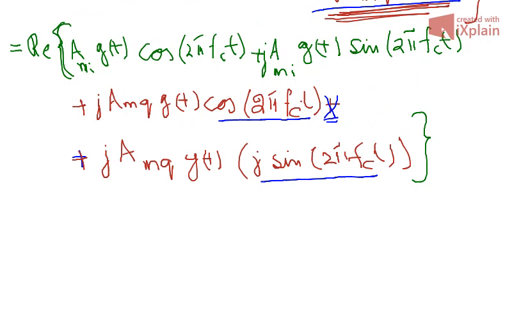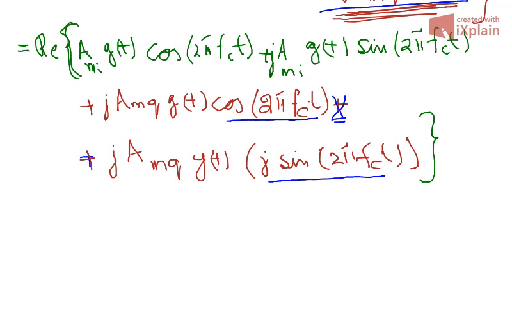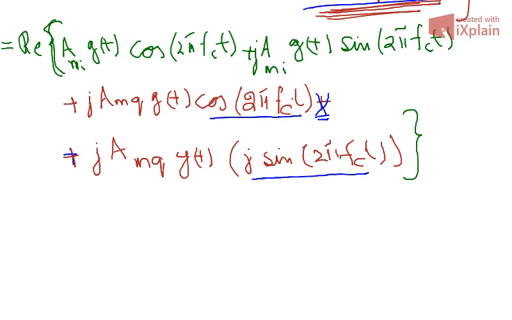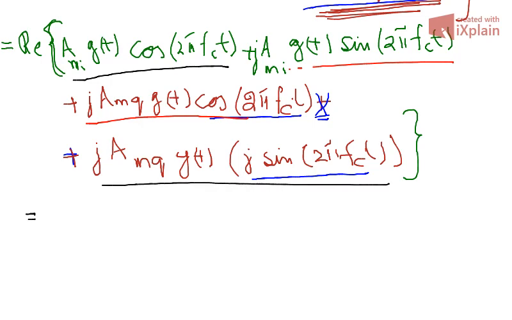You can see this one is real, this is with j, so this one is imaginary. Now this part is also imaginary, it starts with j. If you see this part, this is j and we have a j here and a j here, which is j square, minus 1, so this will become real with the negative sign.